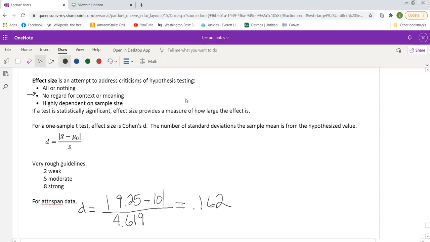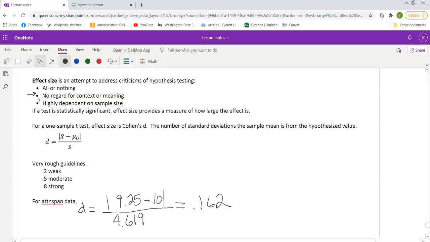And so if all you do is get this value and go, okay, I'm going to compare it to one of these, 0.162, that's weak, boom, then you're not really doing anything. You're not making an improvement.